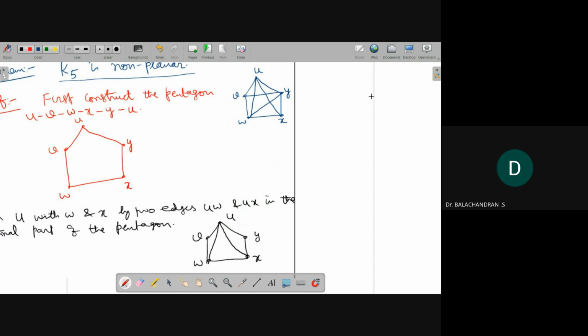Again, I need step 3. Maybe you can write U, V, W, X, Y. These edges are already there.